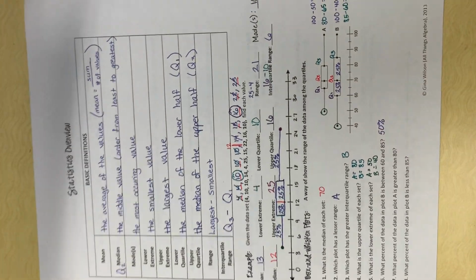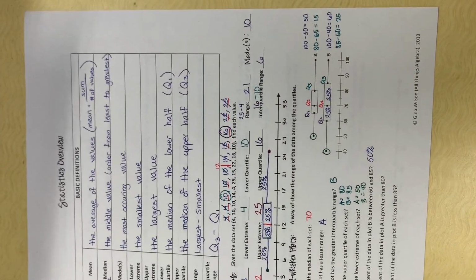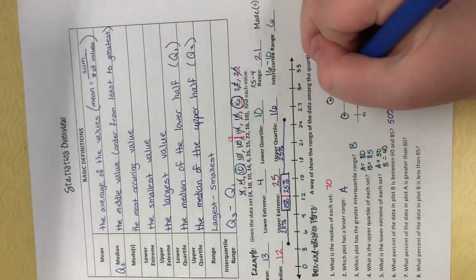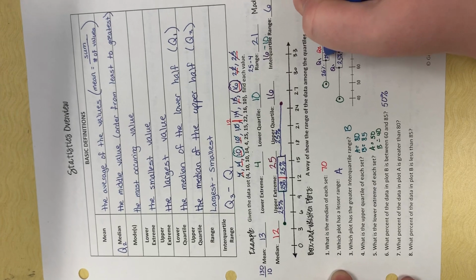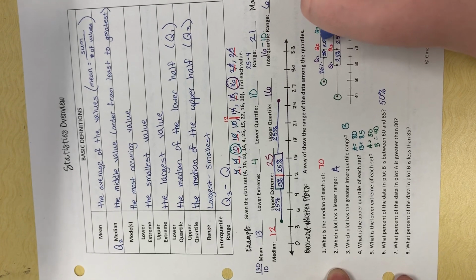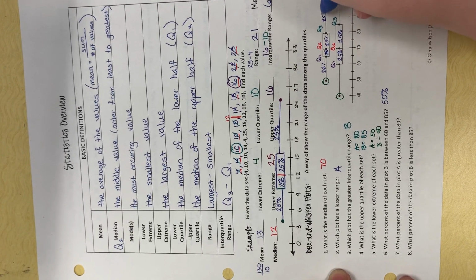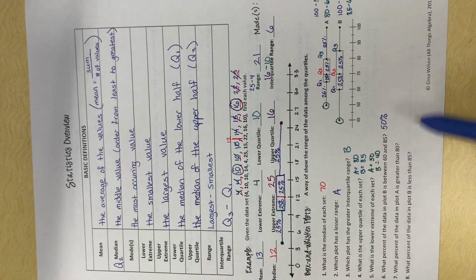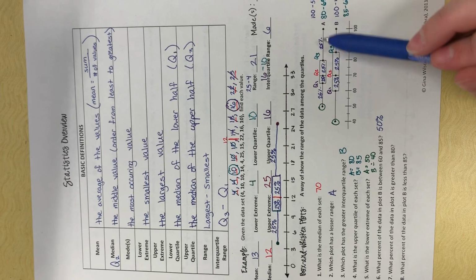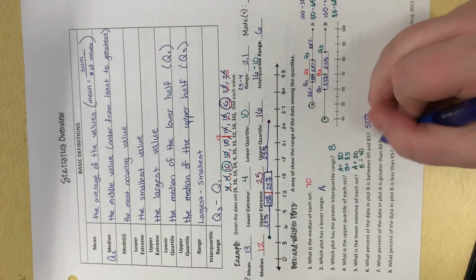See how we're doing that? Every piece is worth 25%, no matter the size. So add up what they're needing. Greater than 80: here's 80, here's greater. That is 25% of the data.